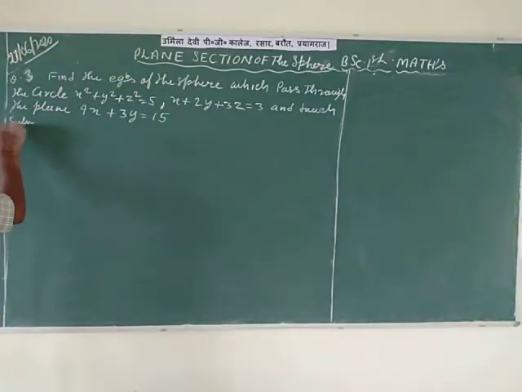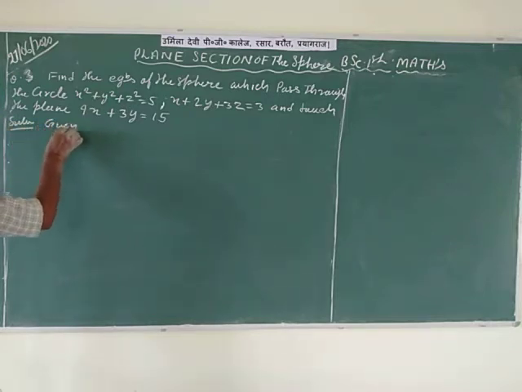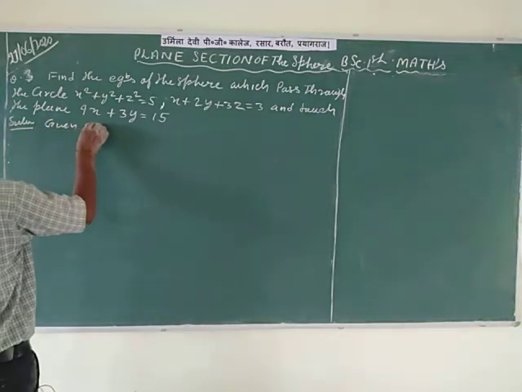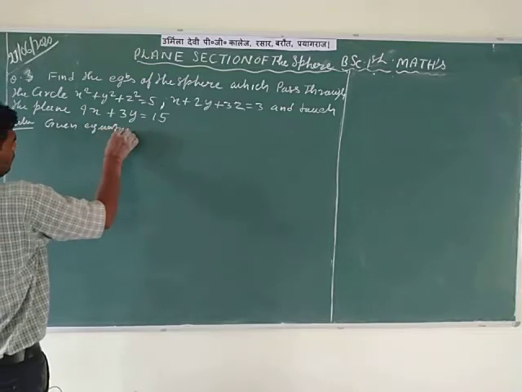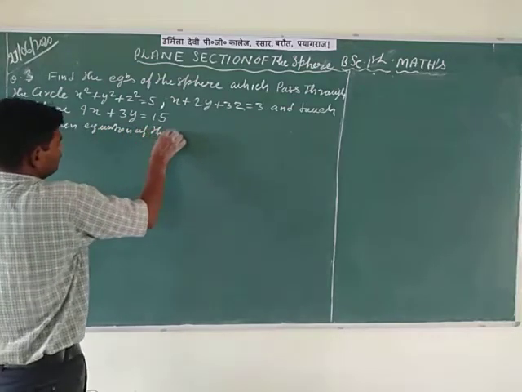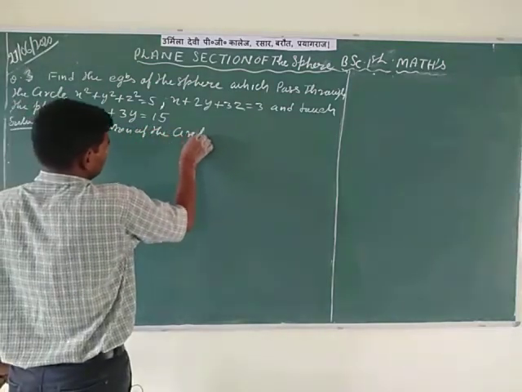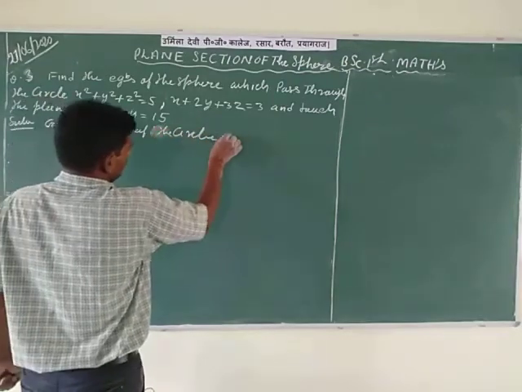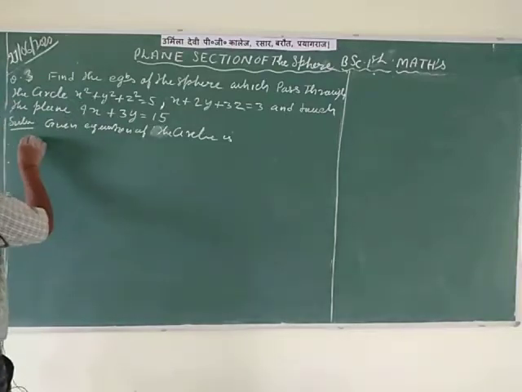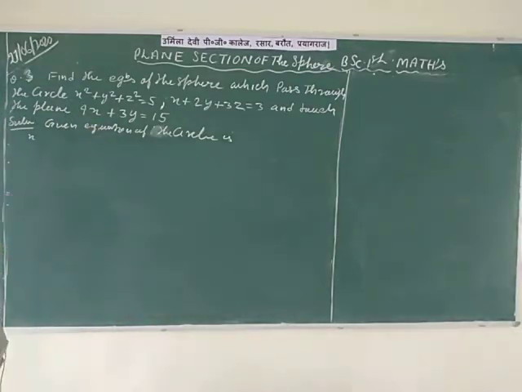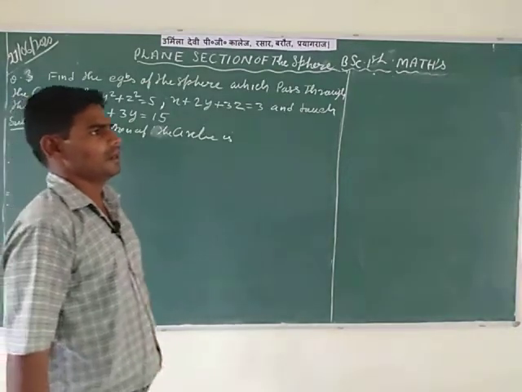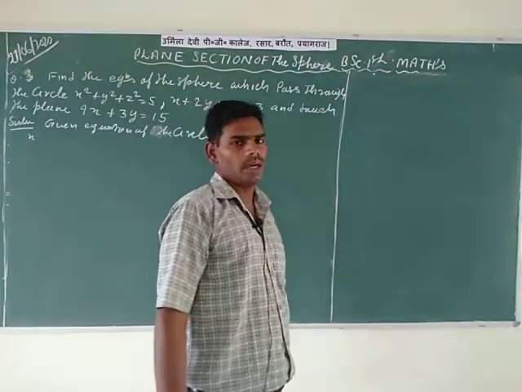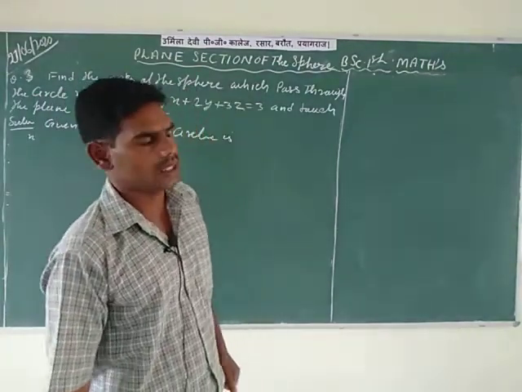In the solution, the equation of the circle is given. Here the first is the equation of the sphere. You know that intersecting a plane with a sphere represents a circle.